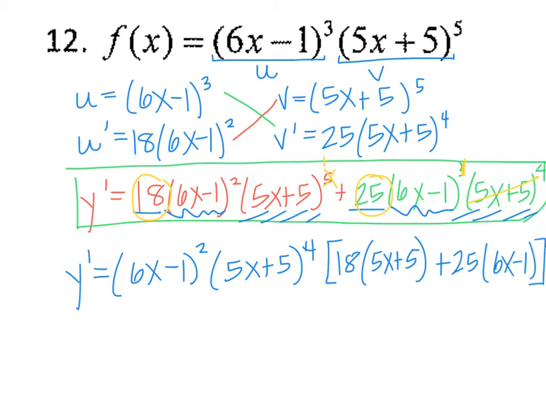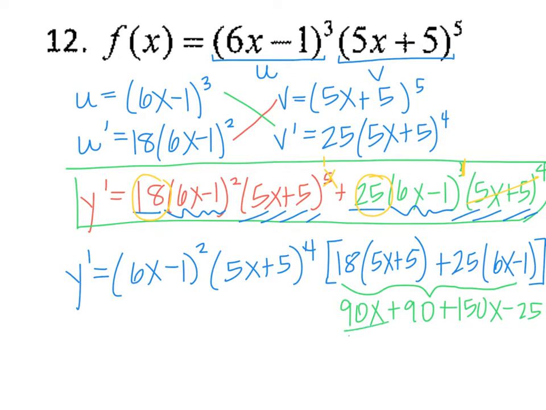So to find my final answer, I'm going to distribute in here and then simplify by combining like terms. So I have 18 times 5x, that'll be 90x, plus 90, plus 25 times 6x, that's 150x, minus 25.